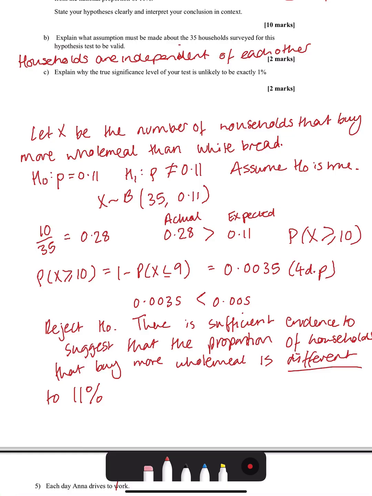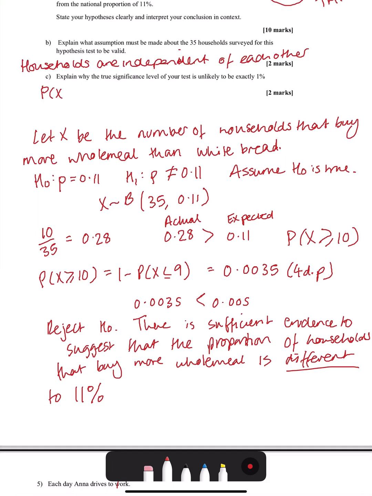And it's highly unlikely that when I work out the probability of one of those, let's say just for example, that is equal to exactly 0.01 or 0.005. And that is because 13 is a discrete number. If it was continuous, there will be a value because it is continuous.